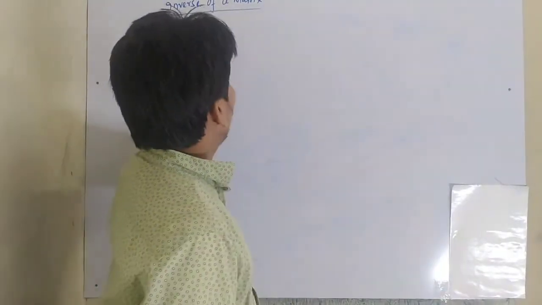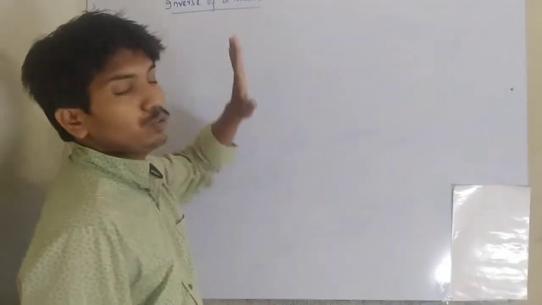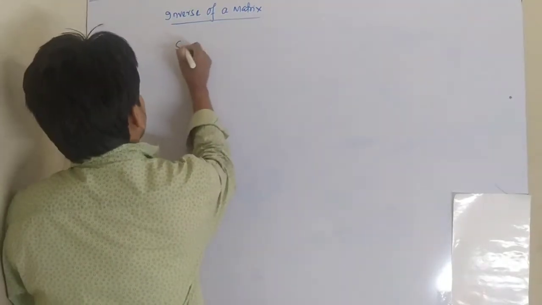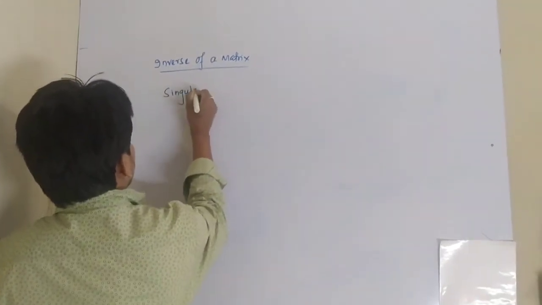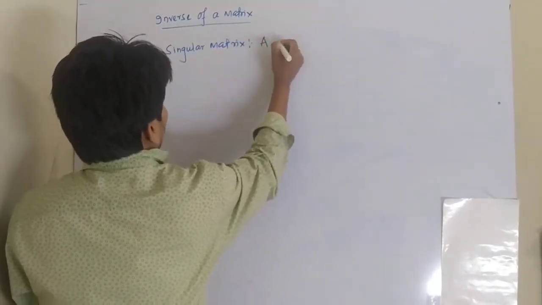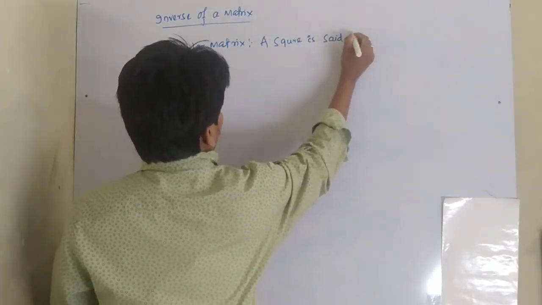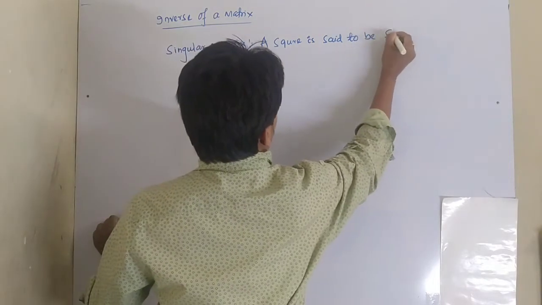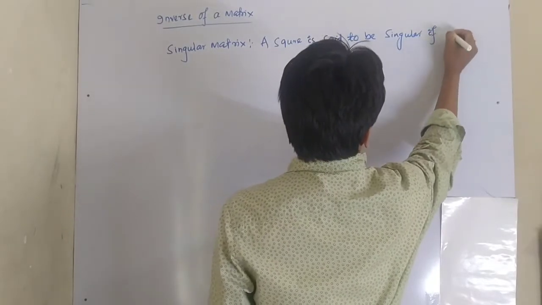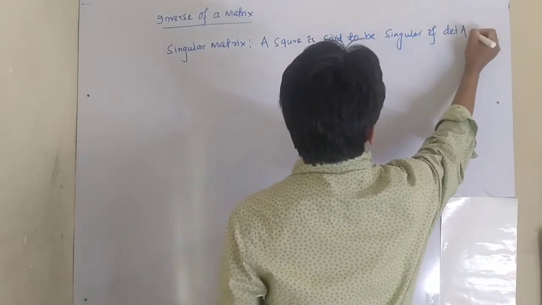Today we will study how to find out the inverse of a matrix. Before going to the inverse of a matrix, first thing, what is a singular matrix? A square matrix is said to be singular if determinant A is 0.